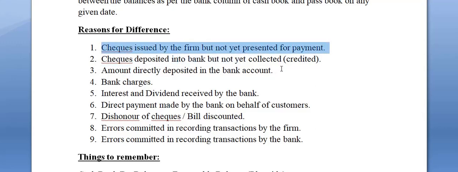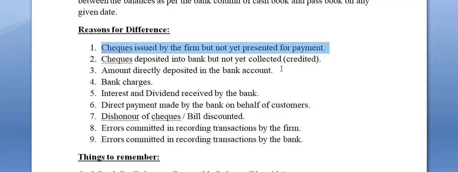So whenever you issue a check to your suppliers or maybe to your creditors, when you're making the payment through check, you immediately record it in the cash book.